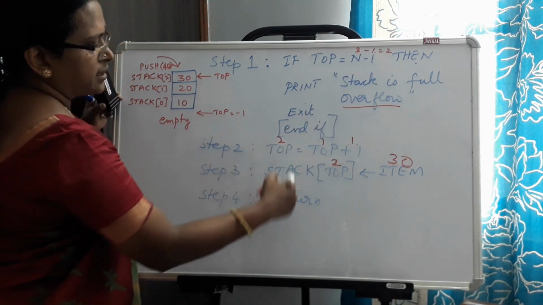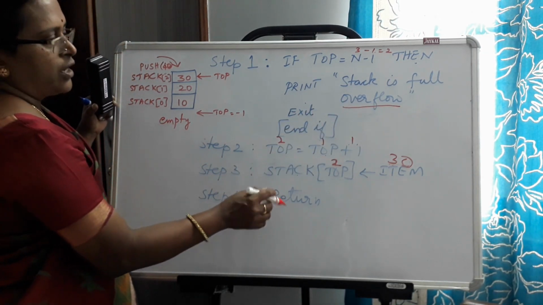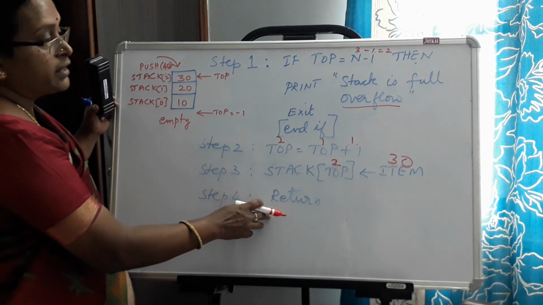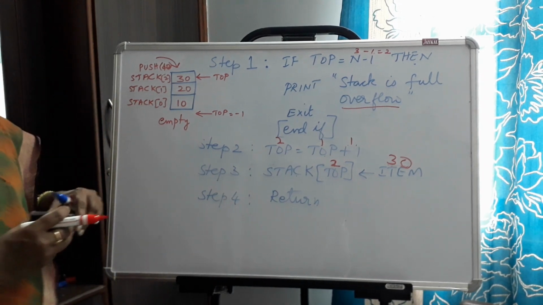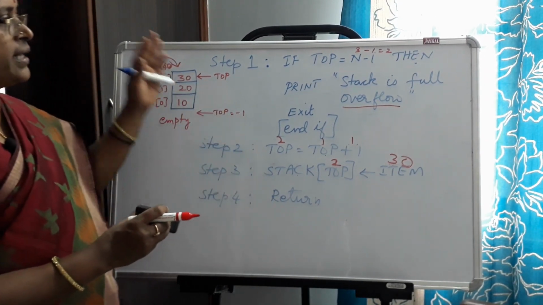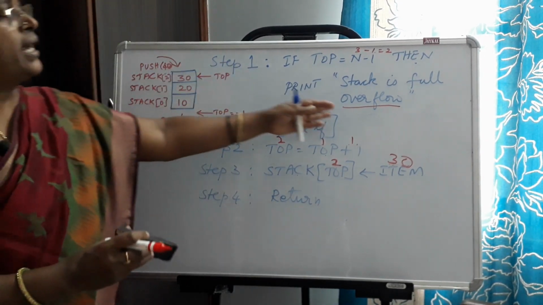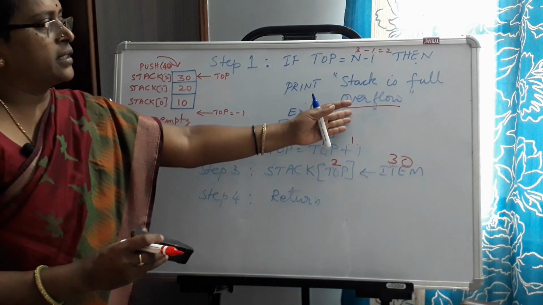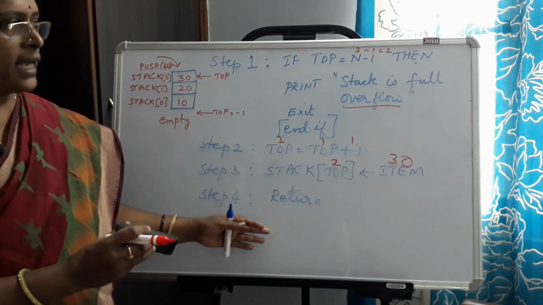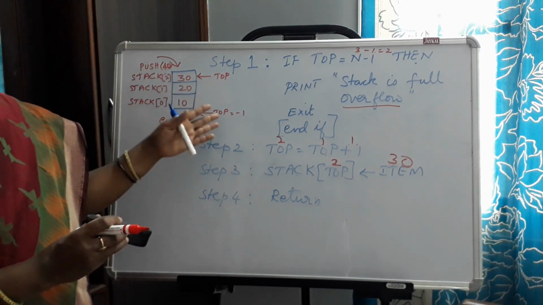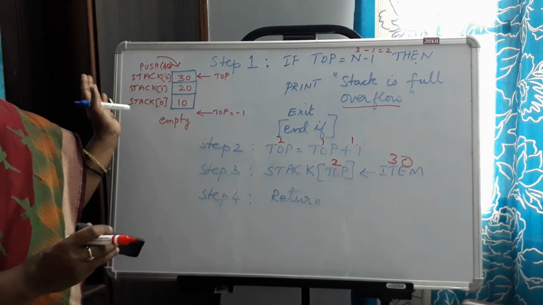So you exit the function without doing the insertion operation. And when this message gets printed, it means that we are not able to insert an element into the stack and it is the overflow condition.